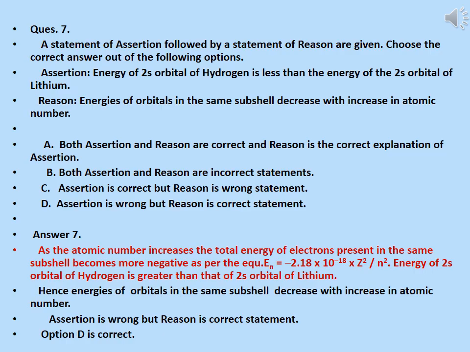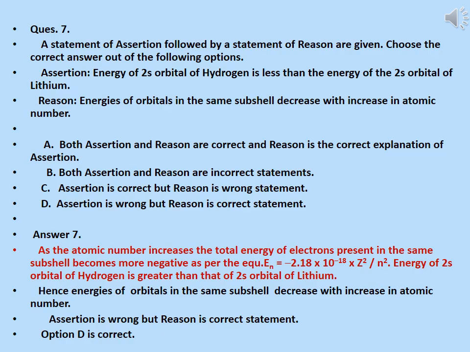Once more, the assertion statement: energy of 2s orbital of hydrogen is less than energy of 2s orbital of lithium. Reason: energies of orbitals in the same subshell decrease with increase in atomic number.